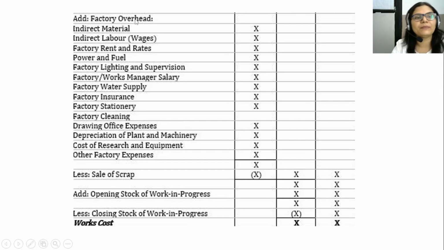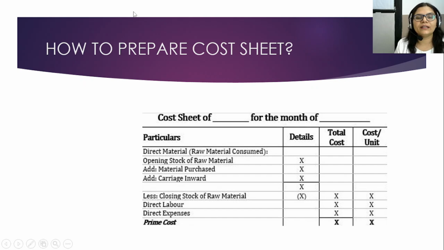Although there can be many expenses other than the expenses mentioned over here, for the general understanding of the viewers, we have included some of the expenses which can be categorized as factory overheads, like indirect material, indirect labor, factory rent and rates, power and fuel, factory lighting and supervision, factory or works manager salary, factory water supply, factory insurance, factory stationery, factory cleaning, drawing office expenses, depreciation of plant and machinery, cost of research and equipment, other factory expenses. These are all added to prime cost.